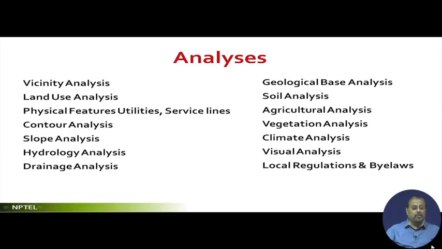Then another analysis is the physical features, like utilities and services lines. This is very critical. I am sure whoever among you is practically working on this project must have seen that the utilities and services lines become a very strong factor for many of your decisions.